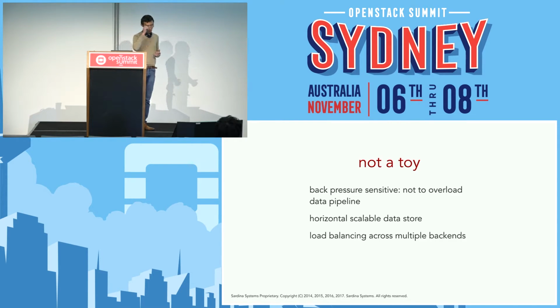And we need it to be back pressure sensitive so as to not overload the data pipeline. And as you scale up the system, you're going to get to a point where even the fastest single box that you can get from your hardware vendor is not going to suffice to run the number of evaluations that you need to do.